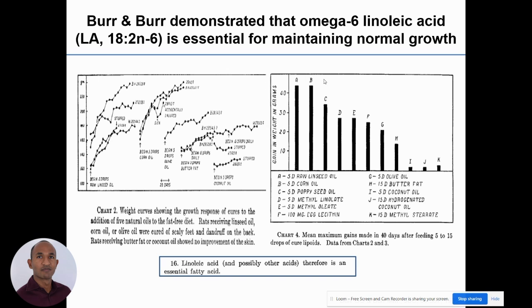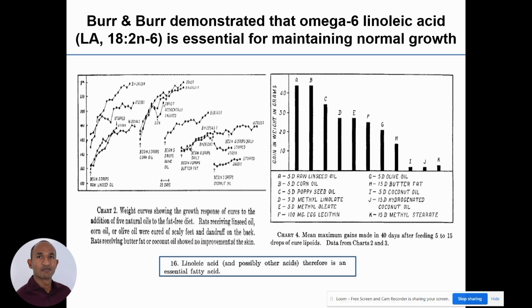So as you can see on this right figure, it's a busy slide taken from their 1930 paper. But as you can see on this right figure, oils such as corn oil or linseed oil, which contained LA, resulted in optimal weight gain in animals that were otherwise deficient in LA.